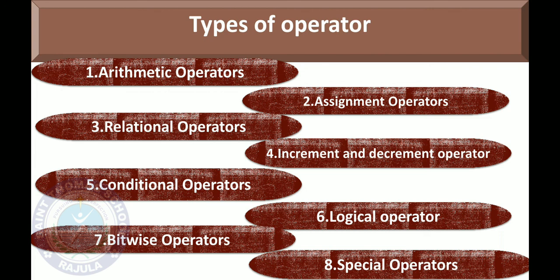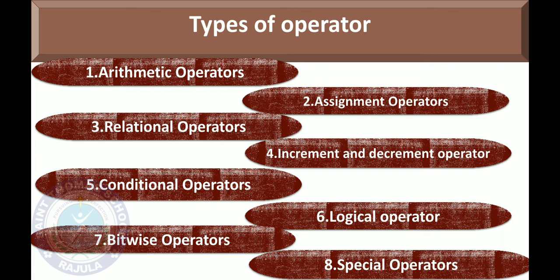So these 8 types of operators are there in the C language. We will discuss all these operators in detail in our next session.